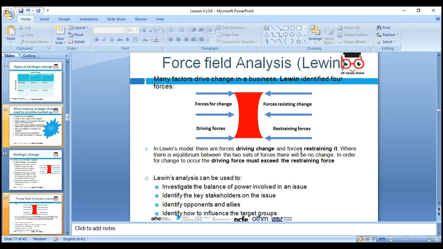Key stakeholders. First of all, when you want to implement change in our organization, always take key stakeholders on board. Think about fracking technology, getting gas from drilling, which has happened in various places in the UK.